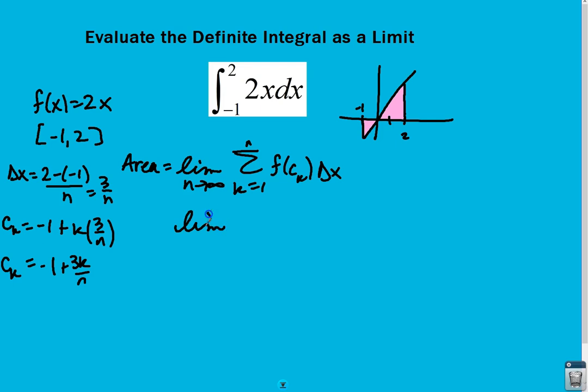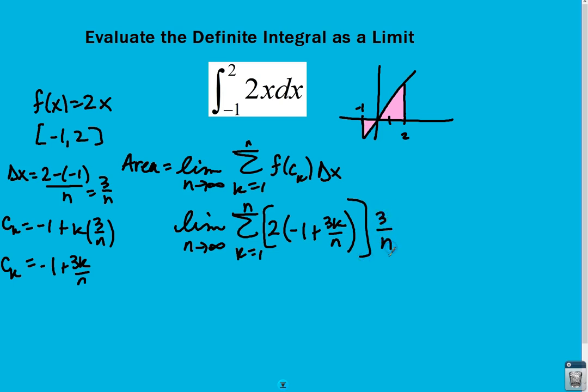The limit as n approaches infinity, sum from k equals 1 to n. My function was 2x, so 2 times c sub k, which is negative 1 plus 3k over n, times my delta x, which was 3 over n.